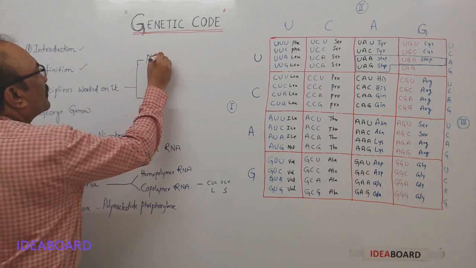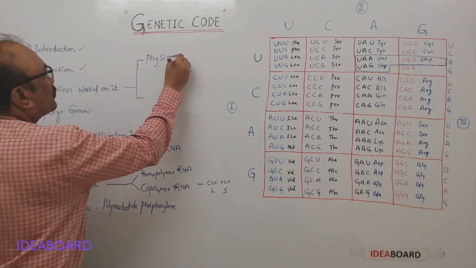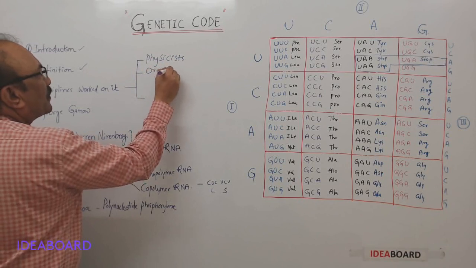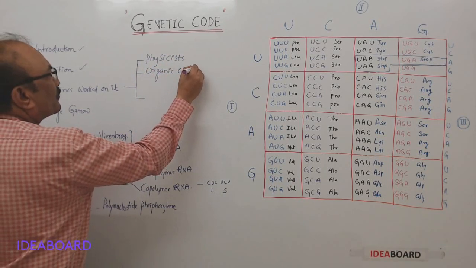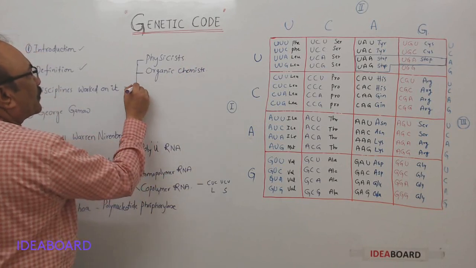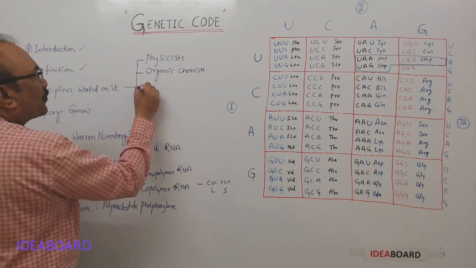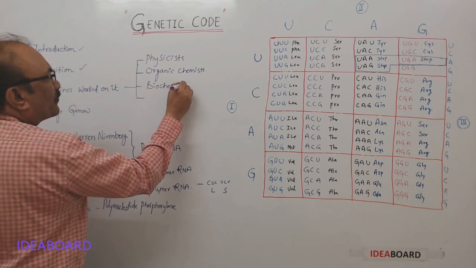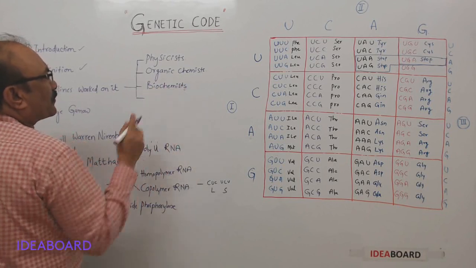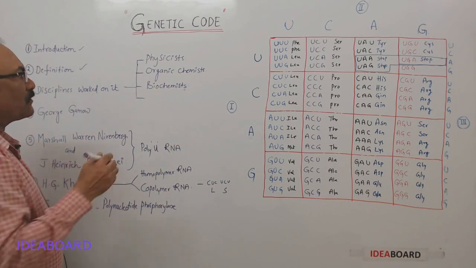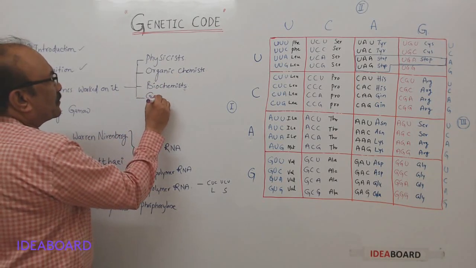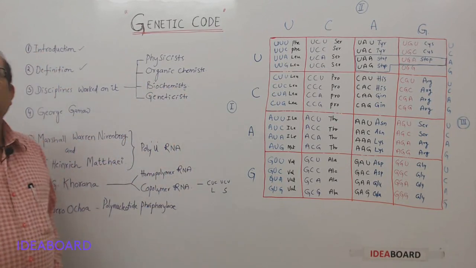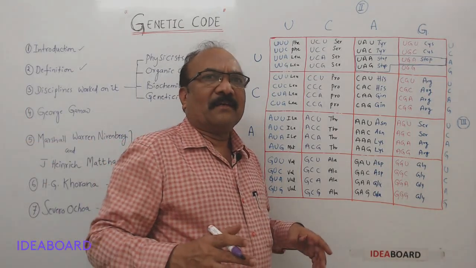Physics people, that is physicists, organic chemistry people, that is organic chemists, biochemistry people, that is biochemists, and also genetics people, that is geneticists. All of them were involved in cracking this genetic code.